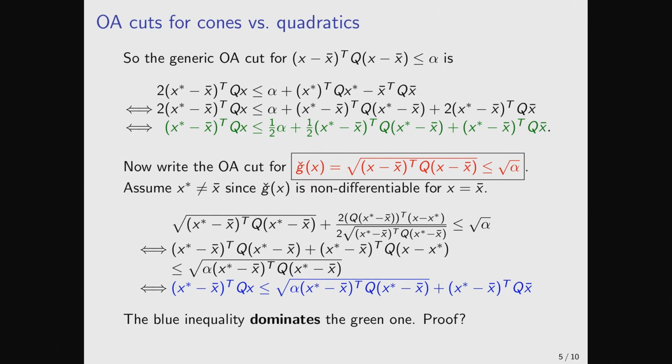What is the green part up there? It's 1/2 times alpha plus 1/2 times something else. Isn't that the arithmetic mean of those two numbers? And this is the geometric mean, which is always less than or equal to the arithmetic mean, which means that this is always stronger than that.